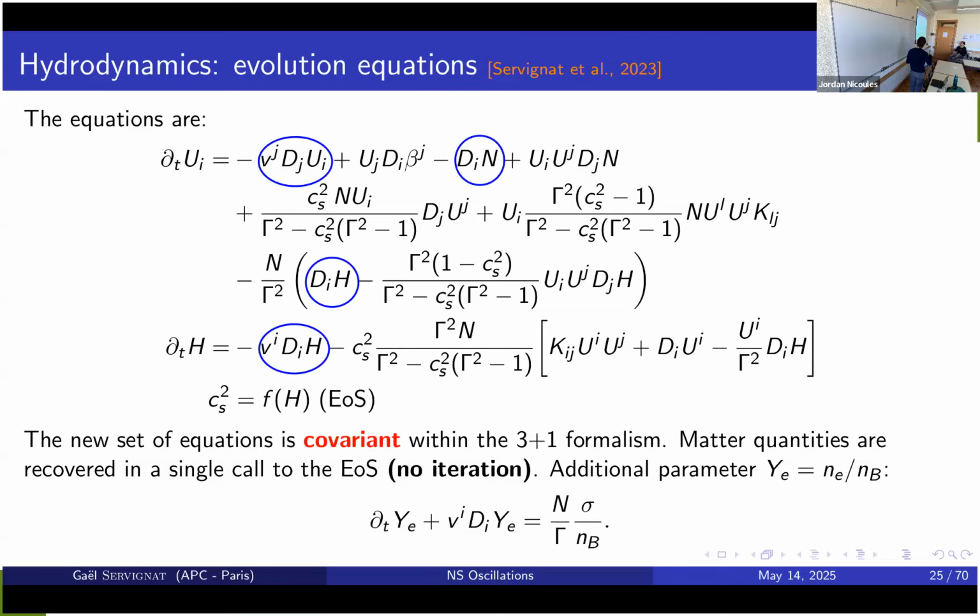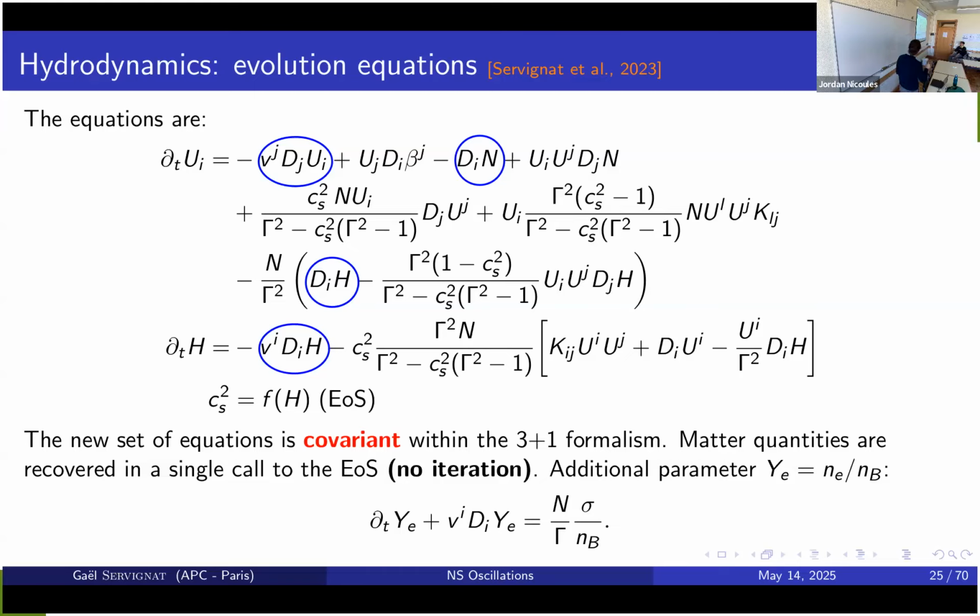Okay, this is the general relativistic primitive variable version of the Euler equation, which tells you how the velocity of the fluid evolves. You have this advection term, which is another generalization. This gradient of the lapse function acts as the gradient of a gravitational field. And you have here a gradient of big H, which is some enthalpy, and this acts as a gradient of pressure.